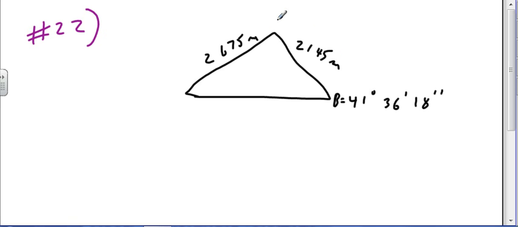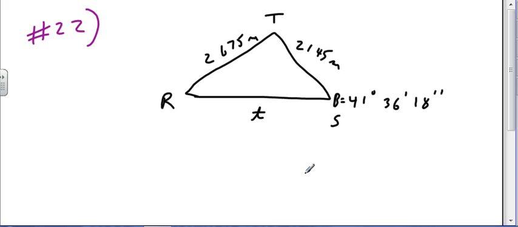And we're going to call this R, and call this guy S. We're going to find little t. Okay, so that's what we want to do.